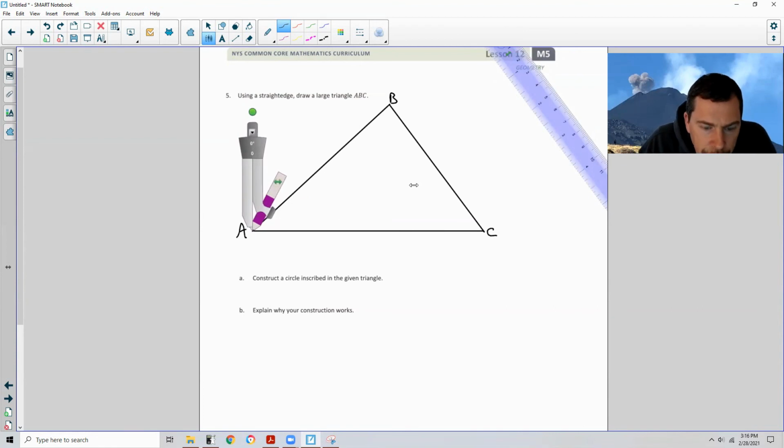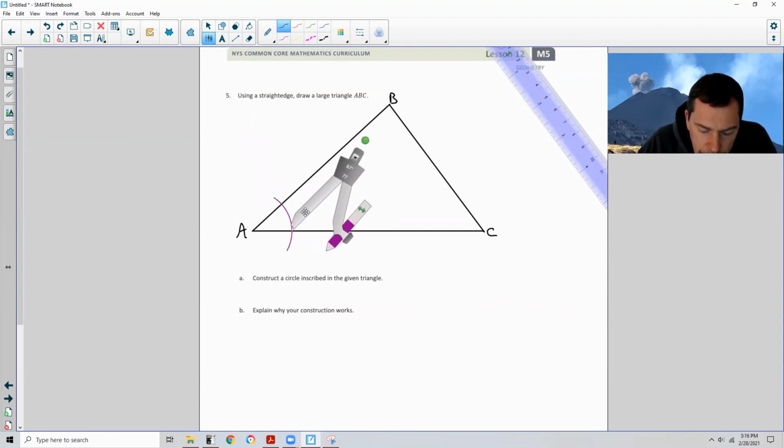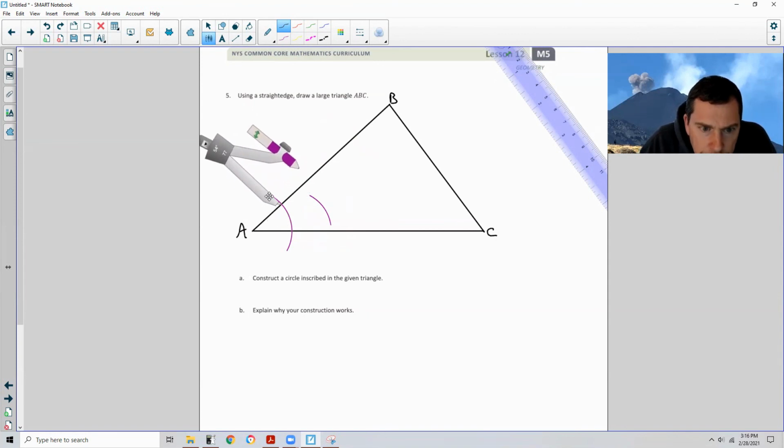So I'm going to put my compass at A, come out a little bit, draw an arc, bring my compass stylus over. I'm on there pretty good right there. Draw an arc inside, move it over to here.